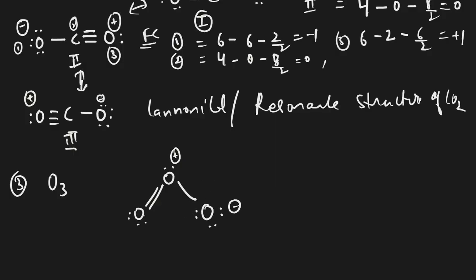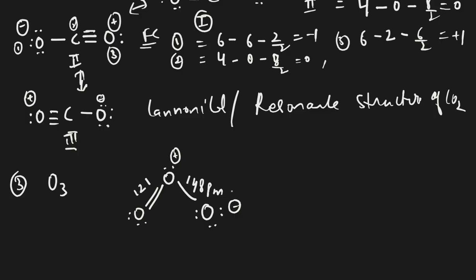Okay, now as you can see, this is a double bond, right? Experimentally, the double bond between oxygen and oxygen has a bond length of 121 picometer, whereas a single bond has a bond length of 148 picometer.